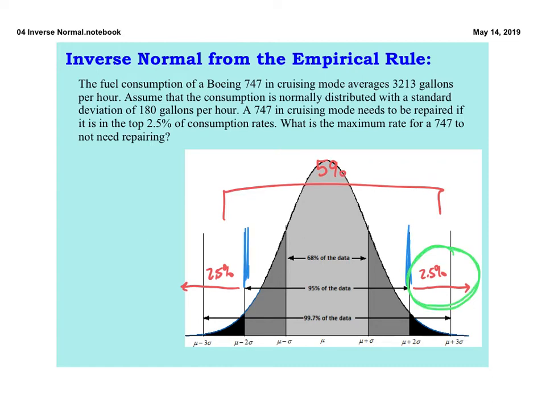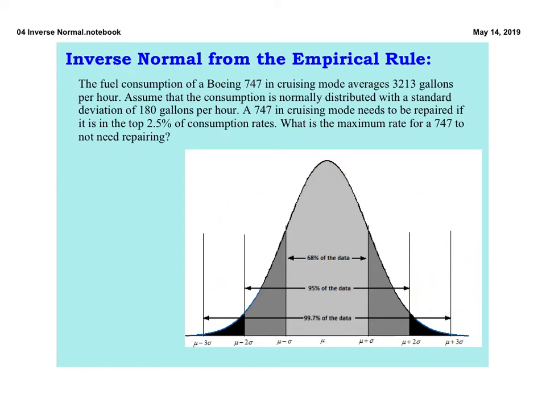So we can actually do this without any major calculator use. Let me erase some of this, and let's put in some of our information. The middle here is 3,213, and we're looking at a standard deviation of 180.